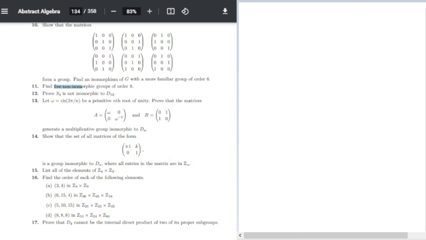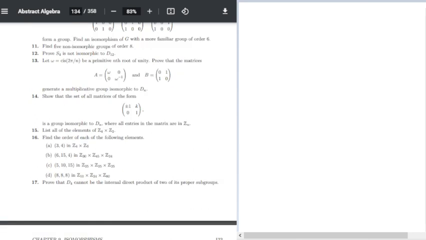Alright. Find 5 non-isomorphic groups of order 8. Sorry, but no. 12. Prove S4 is not isomorphic to D12. I'm thinking something of, like, D12 does not have an element of... Actually, 4 factorial is equal to 6 times 4 is equal to 24.